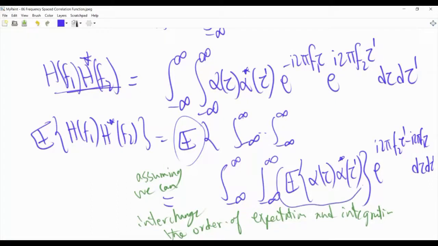Now we will get this expectation, and it looks horrible, and we now need to make some assumptions so that we can move forward.